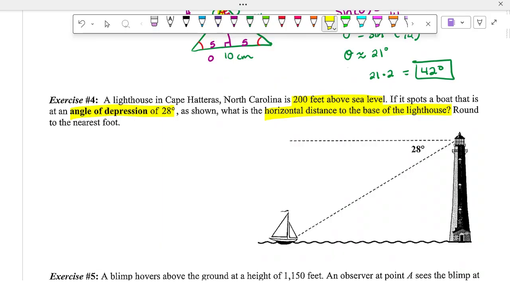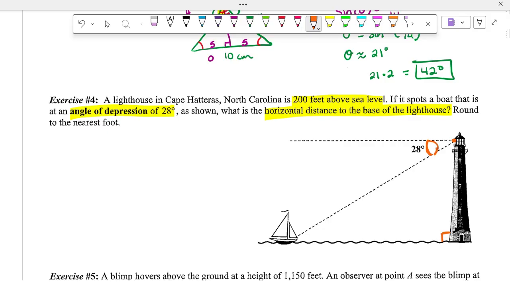So, in other words, if there was a little dude up here, he's looking straight down at a sailboat. And the angle at which they're looking straight down is right here, 28 degrees. The triangle that we're trying to find is here, but the angle of depression would not be right here. With angles of elevation and depression, it's based off of sight line.